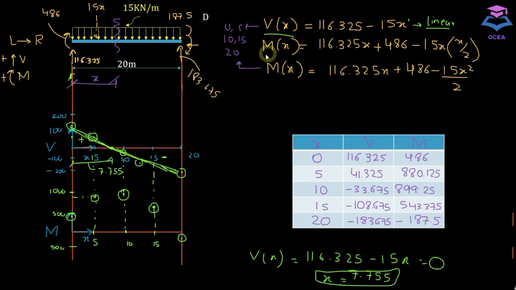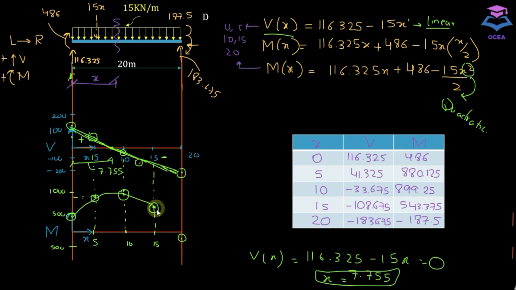We know that in the moment equation, the highest power of x is equal to 2, which tells us that the graph of the moment diagram would be quadratic in nature. So this is not going to be a straight line. The slope of the curve would be changing at every point.